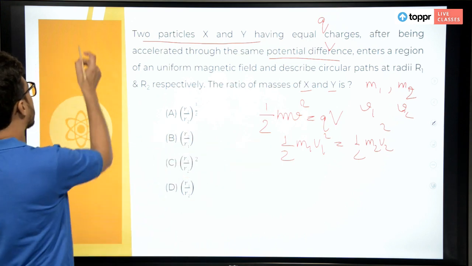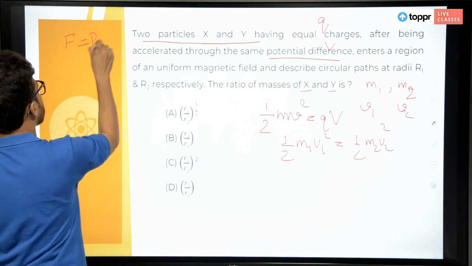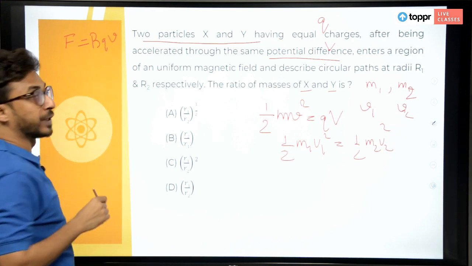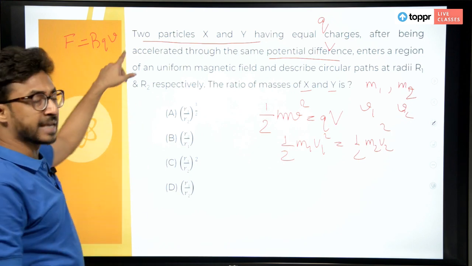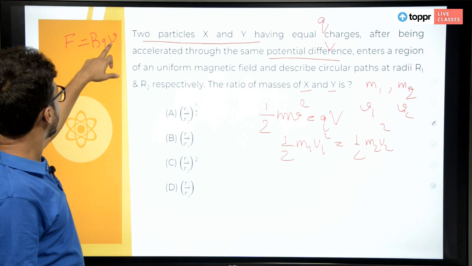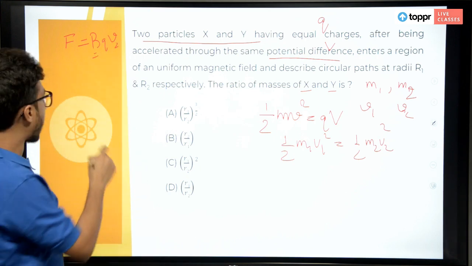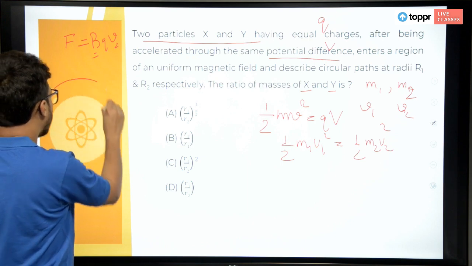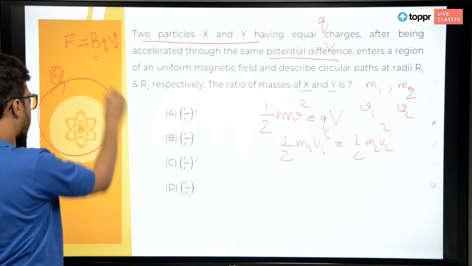When a charge is moving through a magnetic field, we know the force that is generated is BQV. And the force is perpendicular to the velocity and the magnetic field, right? And then the charged particle takes a circular shape.